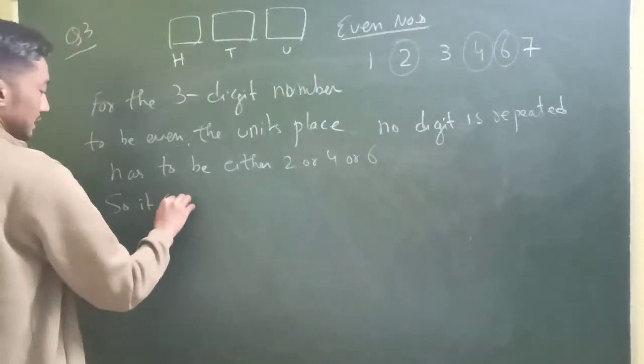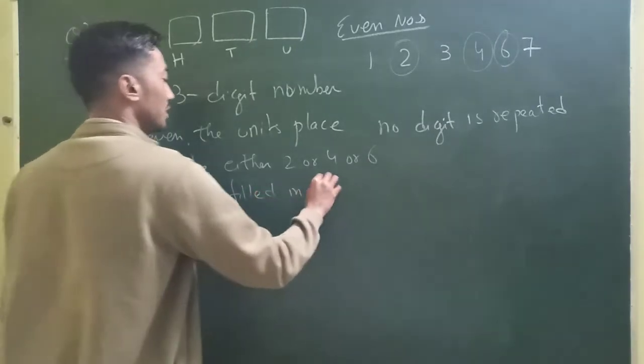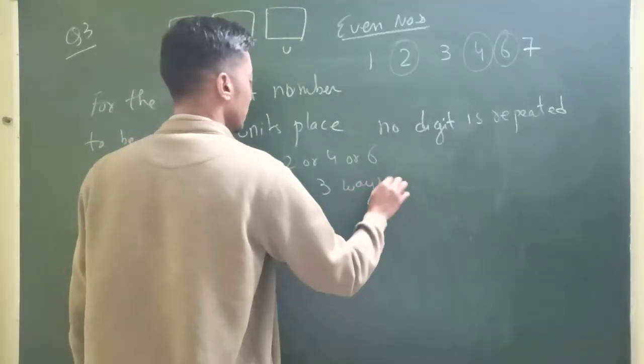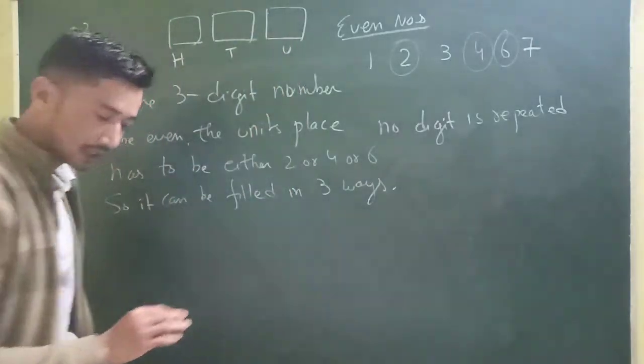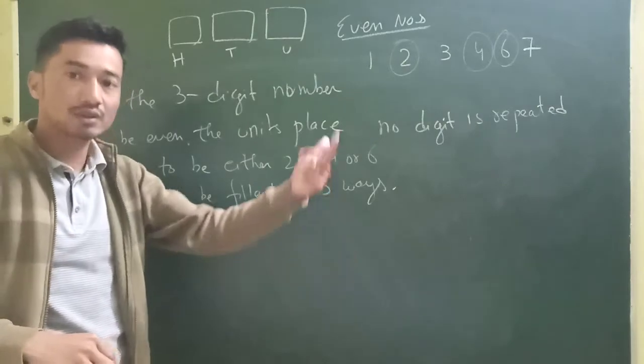So it can be filled in how many ways? It can be filled in 3 ways, because we have only one position to be filled up, but we have 3 options. So either 2 or 4 or 6.